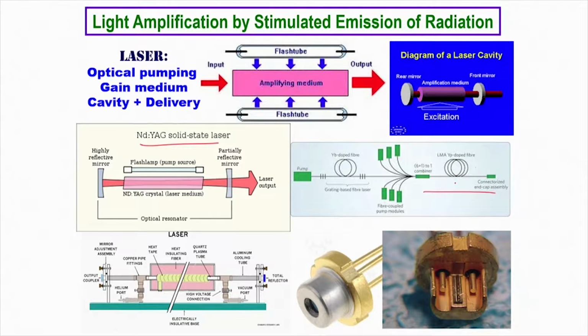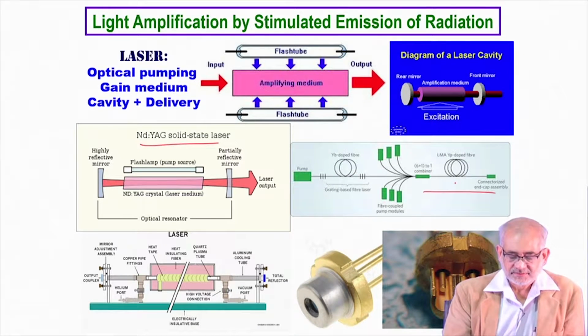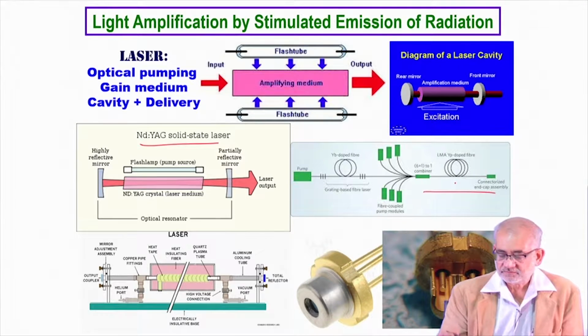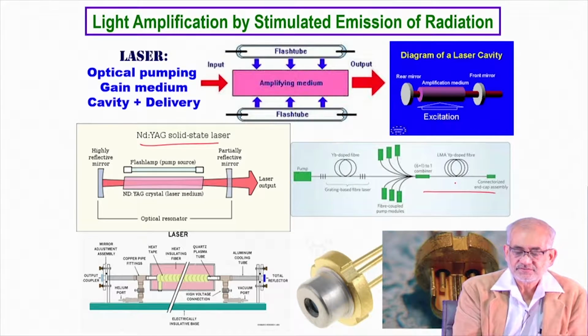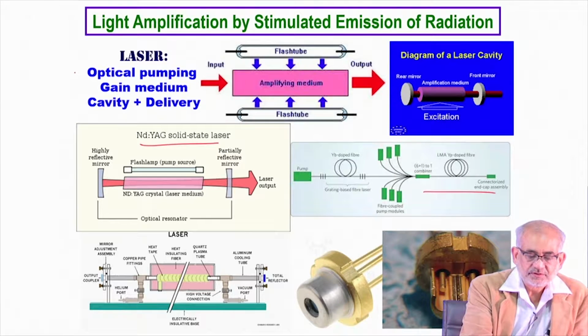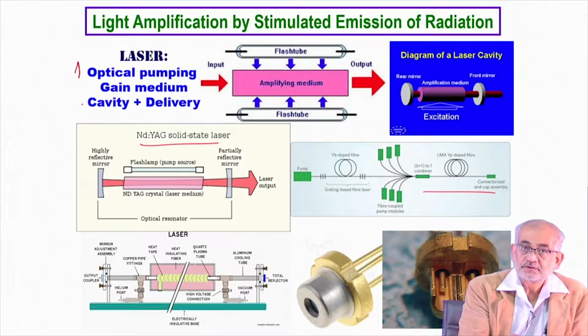This is one of the most common and the most widely used high power laser varieties. In all these cases there are three things which are important. One is the optical or some way of pumping, exciting the species to higher energy state. You need a gain medium and you need a cavity for delivery.